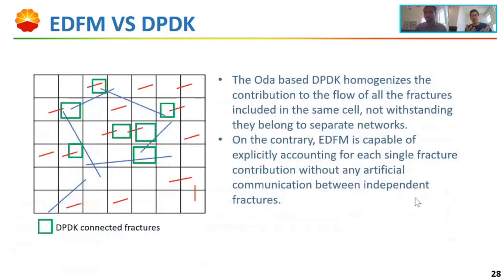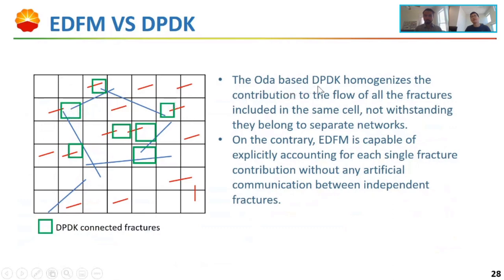In this diagram, we want to show basically how EDFM and DPDK are different. The blue and the red lines represent the fractures. Please pay attention to the gray box, which means there are multiple fractures in one cell.